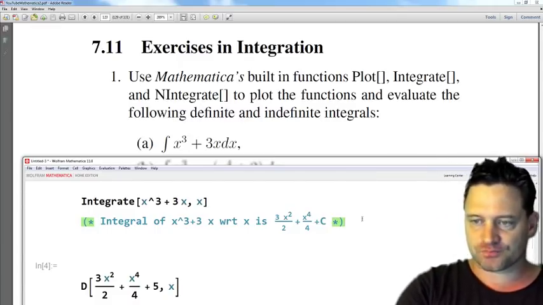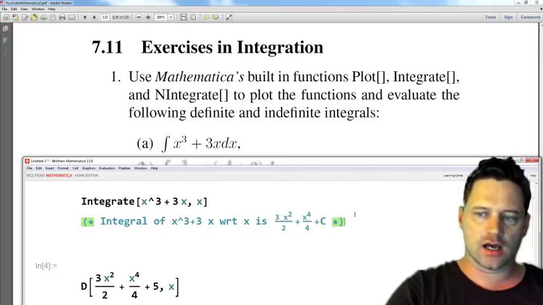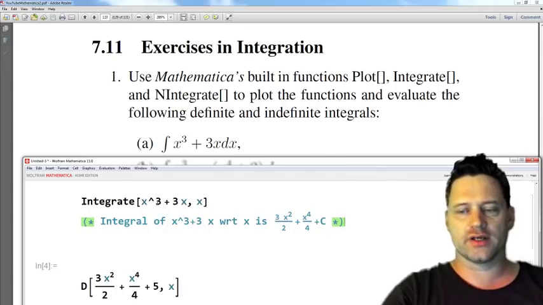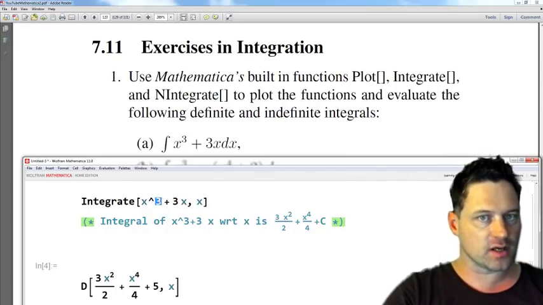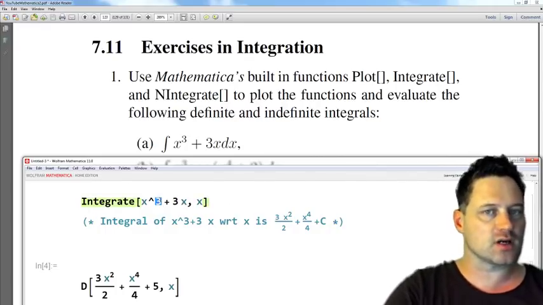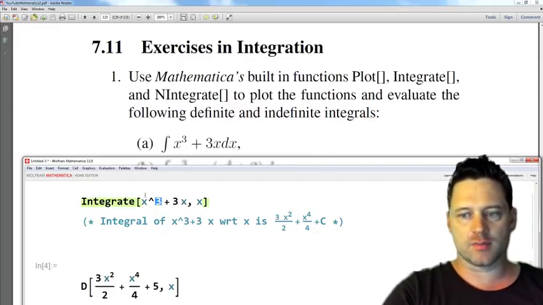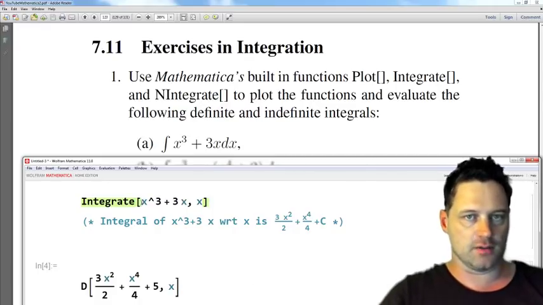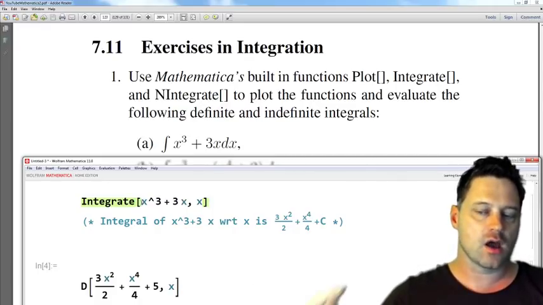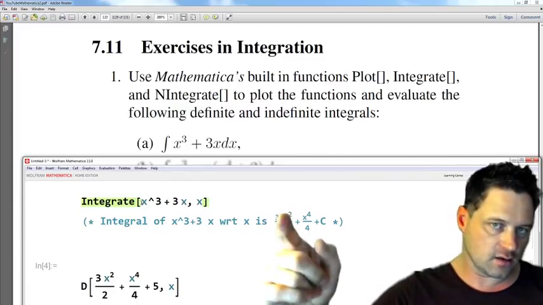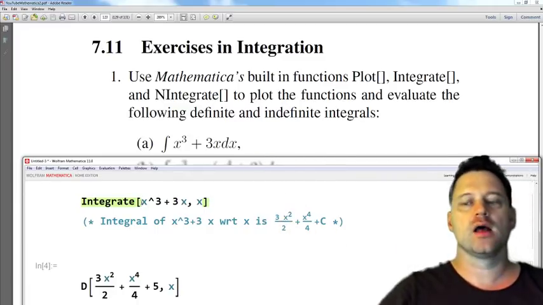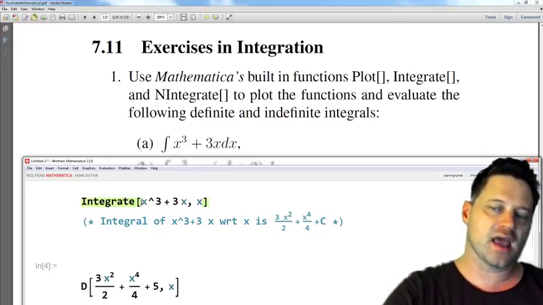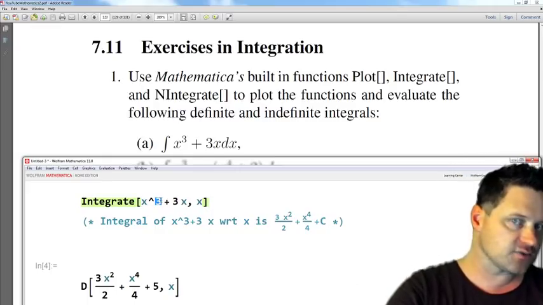Now let's talk about how you would integrate a polynomial by hand. What you do is add 1 to the exponent. So 3 plus 1 is 4. At the same time, you divide by that new number. So I put 1 over the exponent plus 1, multiplied by x to the power of n plus 1, where n is this exponent, in our case 3.